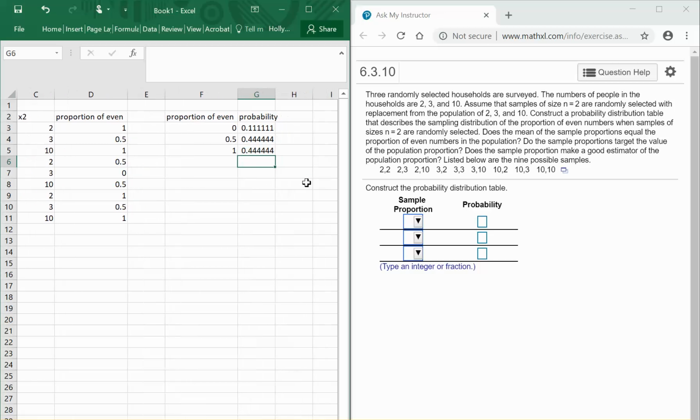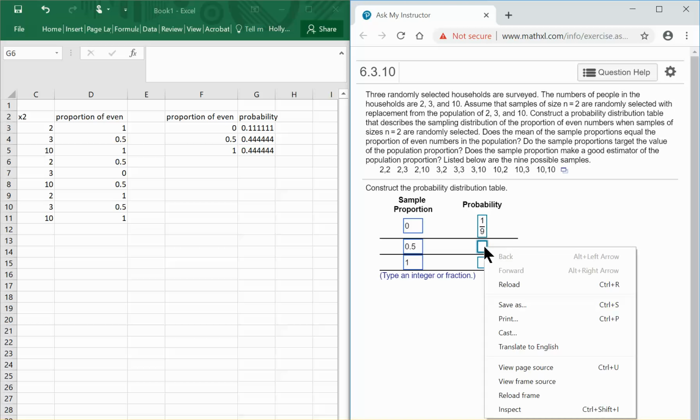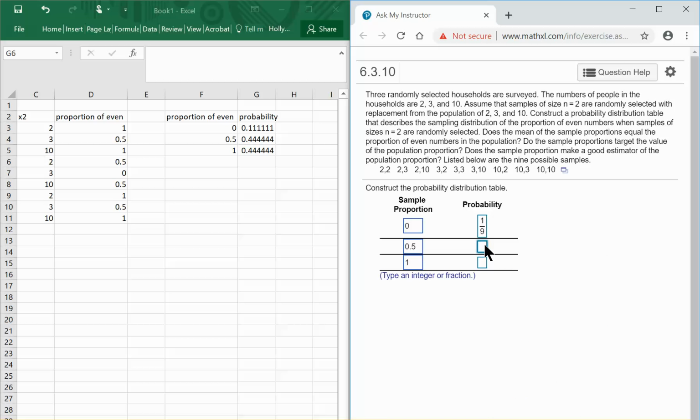Now, let's put this in and see if it is right. We have a 0, a 0.5, and a 1, and they do want fractions here. We had 1/9, 4/9, and 4/9.